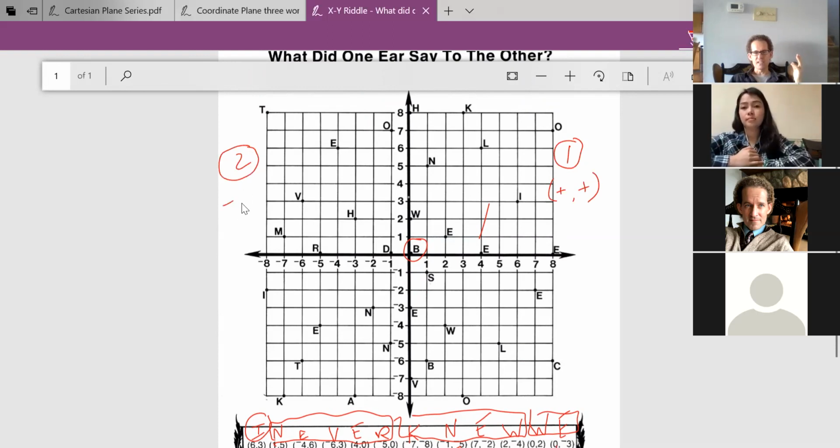Everything over here is negative for X, positive for Y. And then everything down here is quadrant 3. And anything down here has to be negative, negative. And then remember, everything over here is quadrant 4. If you go to the right, X is positive, and if you go down, Y is negative.